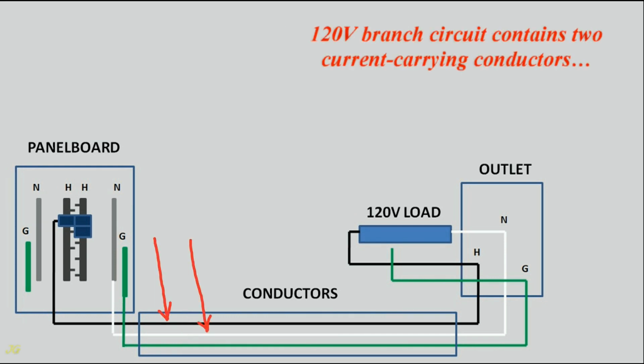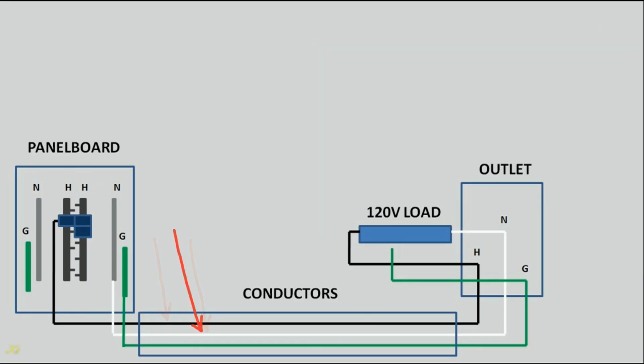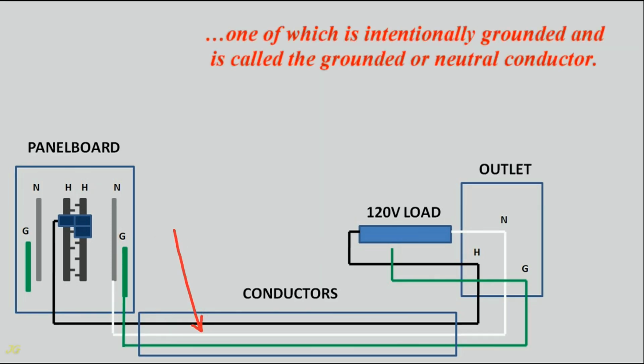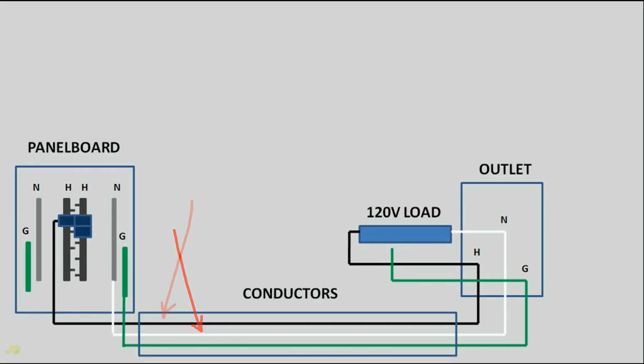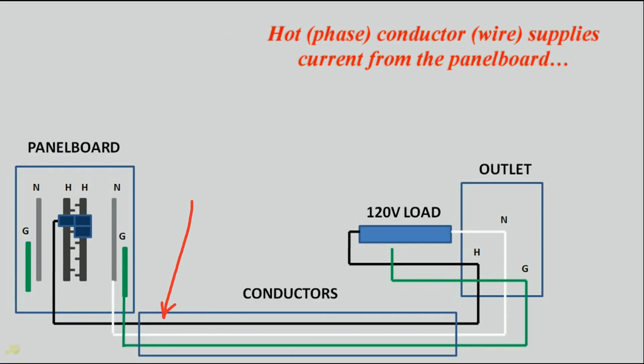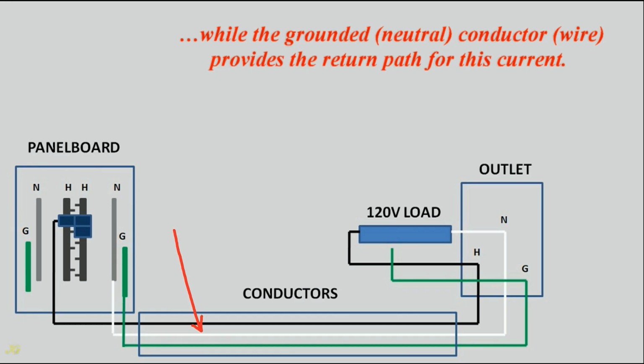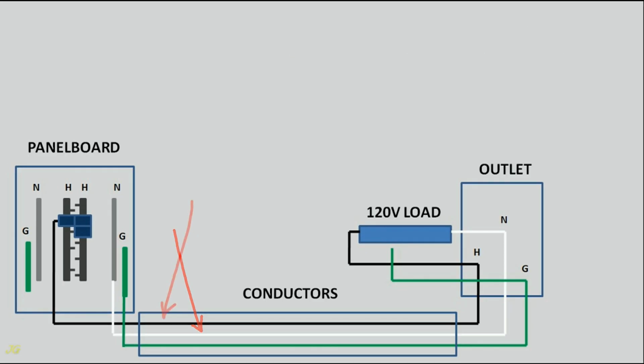A 120 volts branch circuit contains 2 current carrying conductors, one of which is intentionally grounded and is called the grounded or neutral conductor. The hot phase conductor wire supplies current from the panel board, while the grounded neutral conductor wire provides the return path for this current.